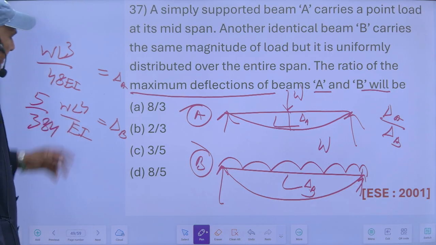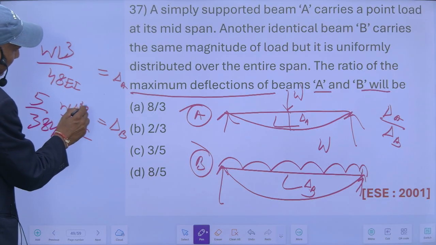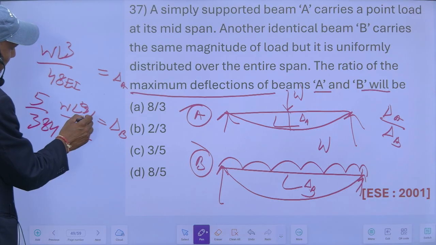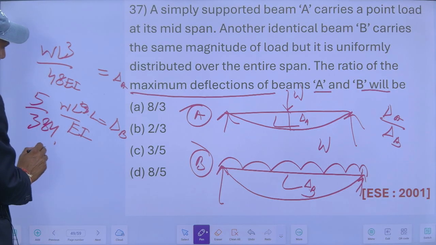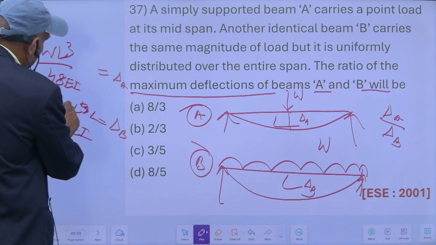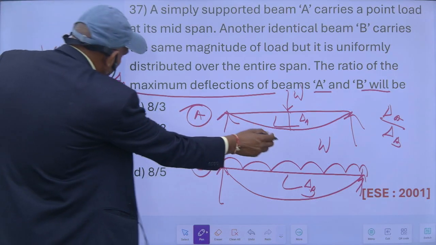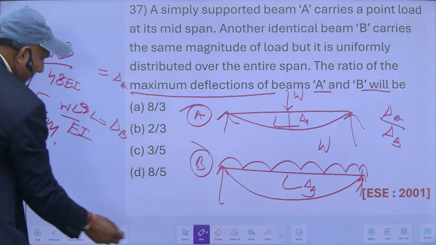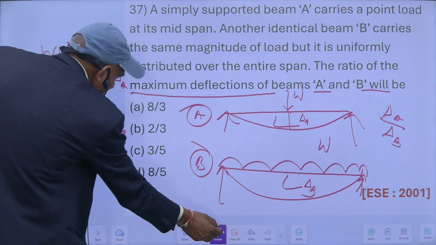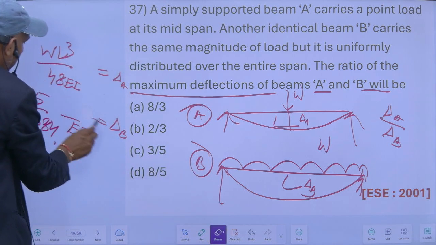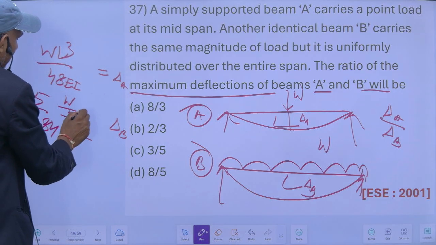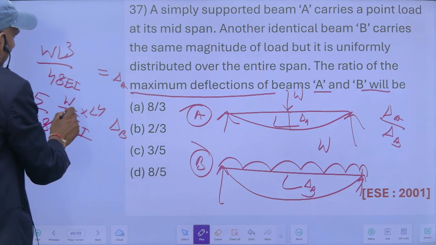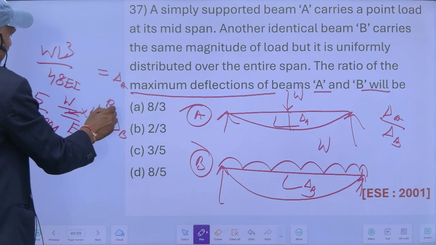And I can say this WL 4 is basically W into L3. The intensity of the load will be W upon L. So we can say W upon L is the intensity into L4, so it will be W L3.